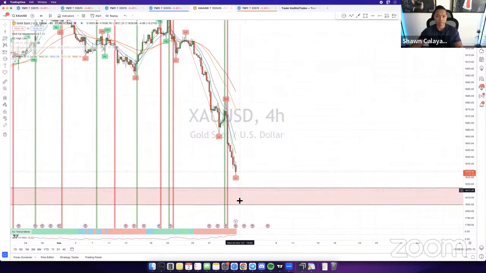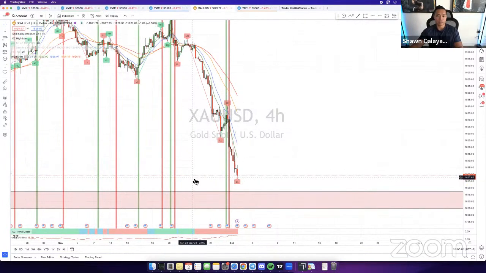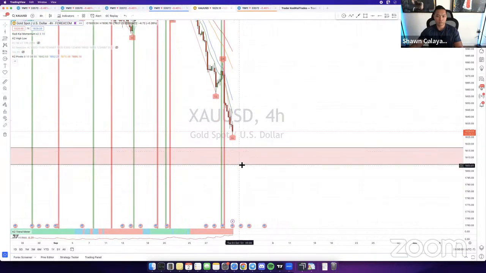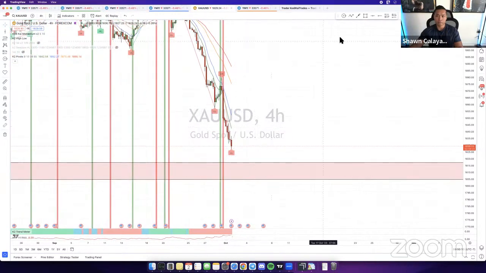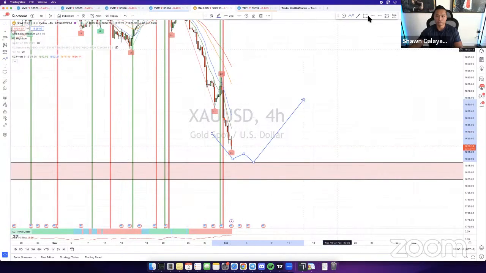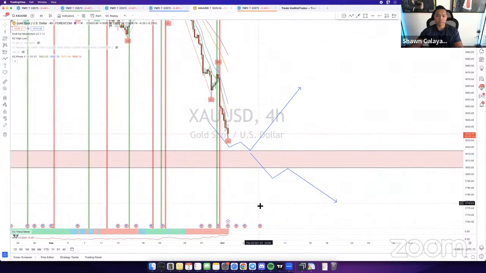With my SRs lined up here, I also drew it as my own zone using the lower low. I think this is where price may bounce. If not, this is just going to be a key area to look at. When price climbs to this point, you look for price to either bounce from here, or come through it, retest, and continue dropping. So there's not really too much to analyze here for gold.